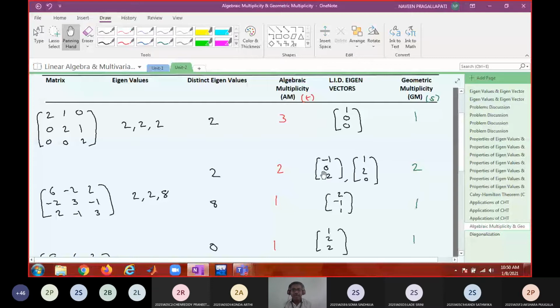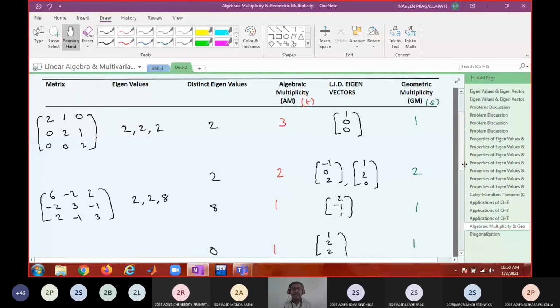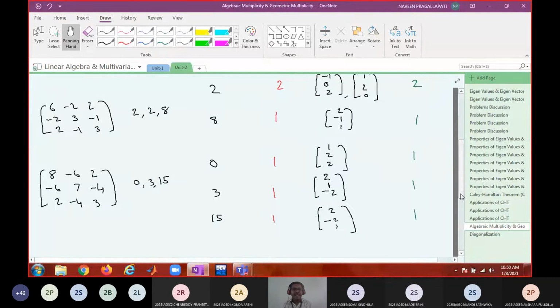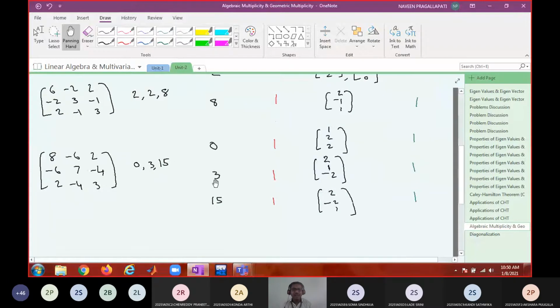Whereas in this case, I don't need to find the eigenvectors to say that there are going to be n linearly independent vectors, because all eigenvalues are distinct and the algebraic multiplicity of each eigenvalue is 1. Therefore, before computing the eigenvectors, I know there will be n linearly independent eigenvectors.